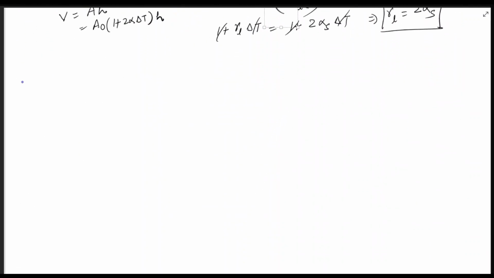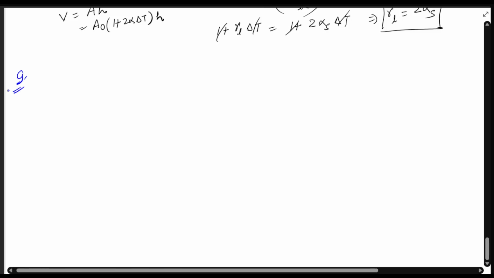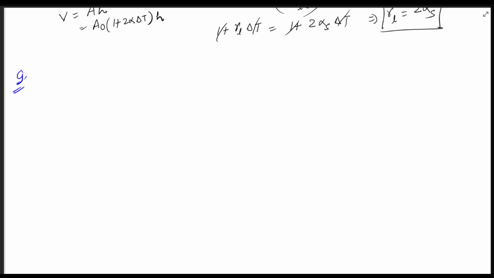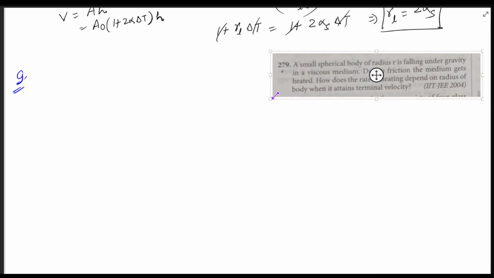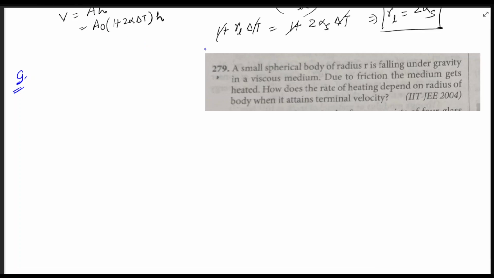Let's move on to our ninth question. Perfect. Now, in this question, a small spherical body of radius r is falling under gravity in a viscous medium. Due to friction, the medium gets heated. How does the rate of heating depend on the radius of the body when it attains terminal velocity?